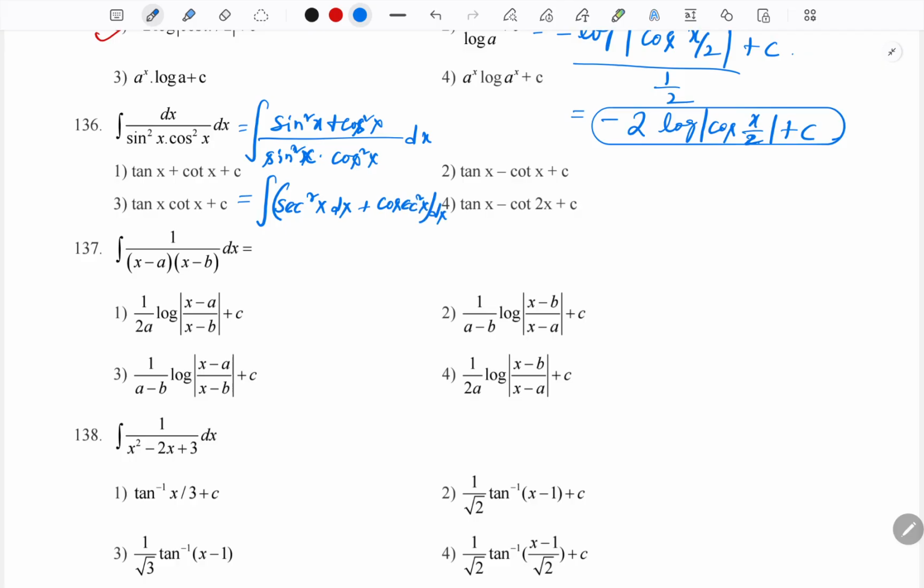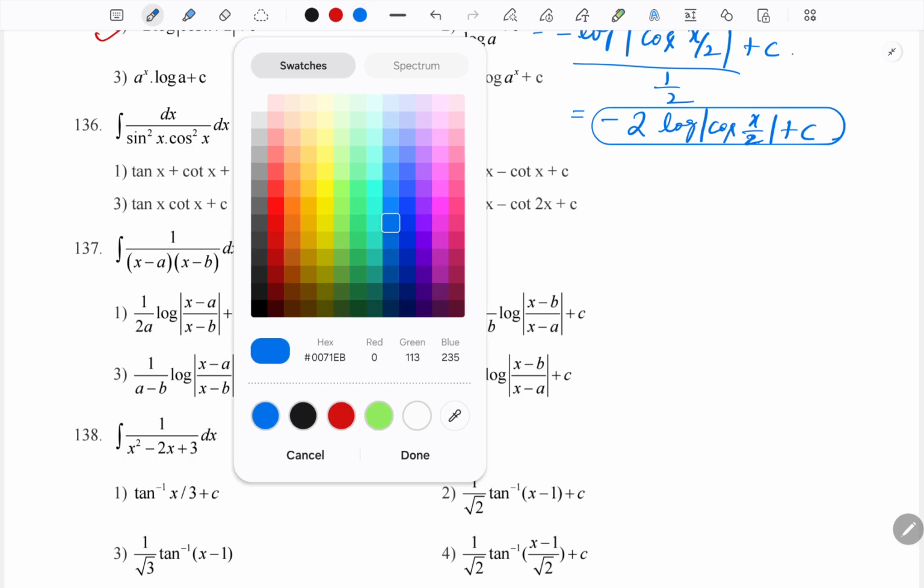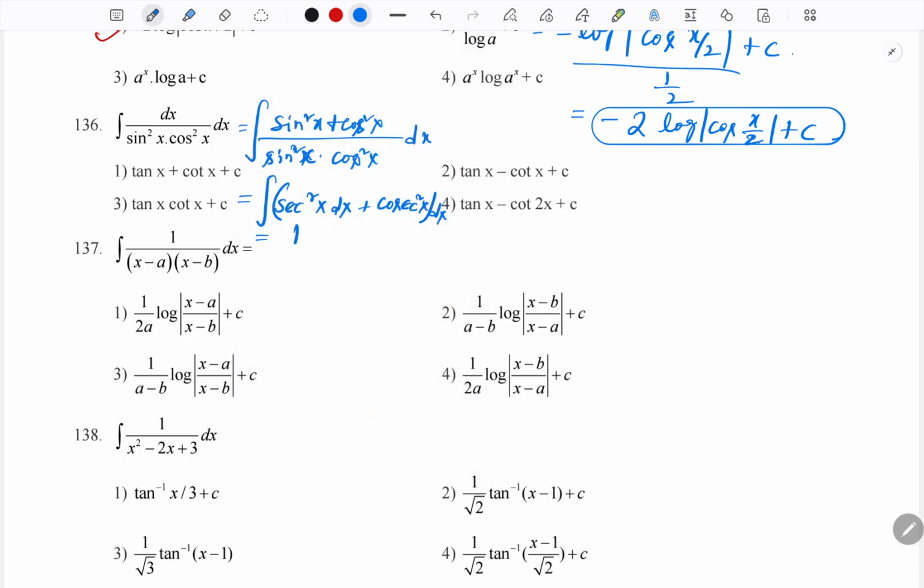We know these are very basic formulas, right? Integral of secant square is tan x, integral of cosecant square x is minus cot x plus c. That is the correct answer. Minus tan x, oh it's a plus tan, right? So which one is the correct answer? It's option 2.